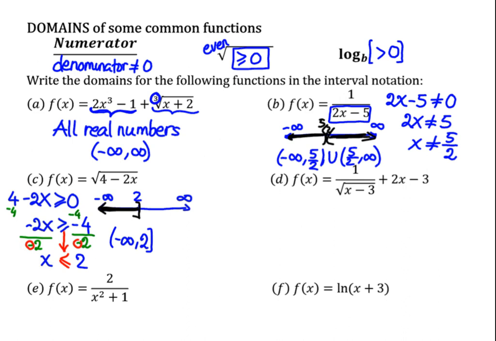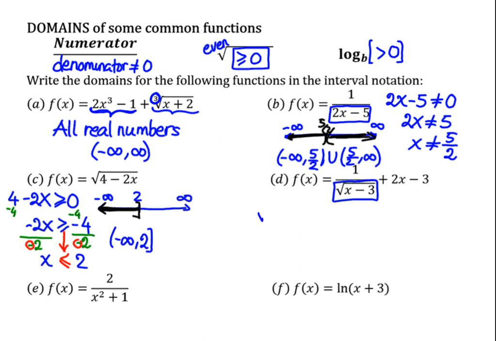Next we have the combination of a polynomial. For this one, it's all real numbers, defined everywhere. So for that, we have negative infinity to infinity. So we only need to worry about what we have here. This is at the denominator, and at the same time we have the square root, so there are two things we need to worry about here.